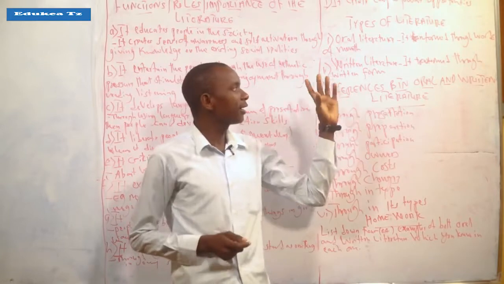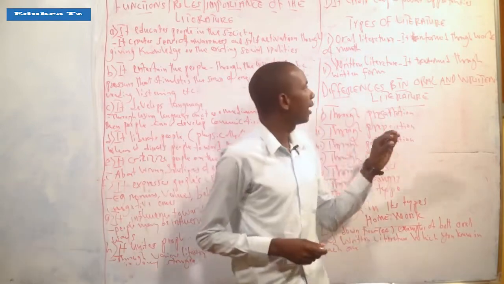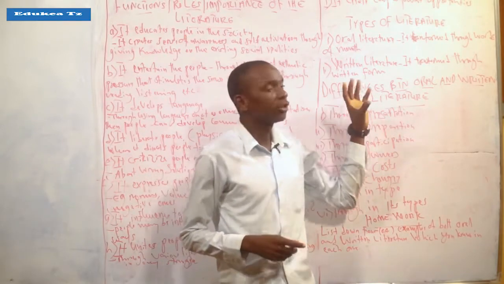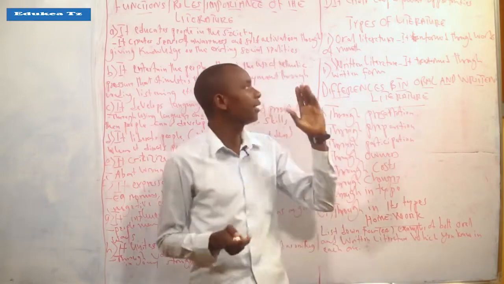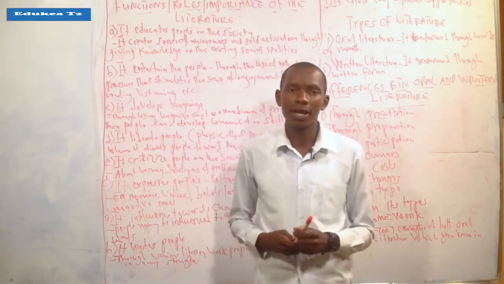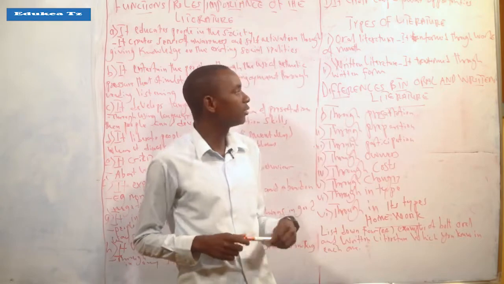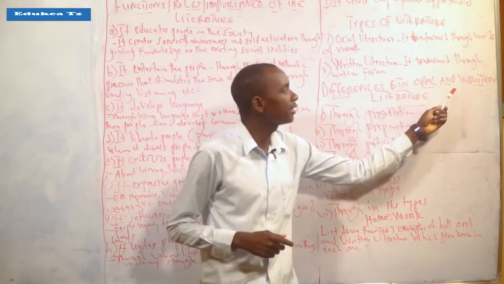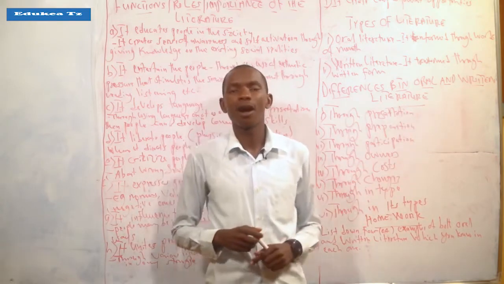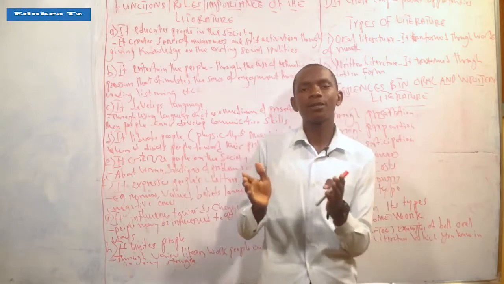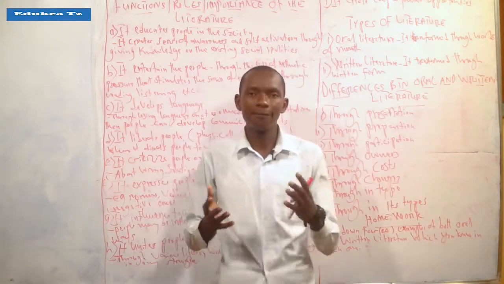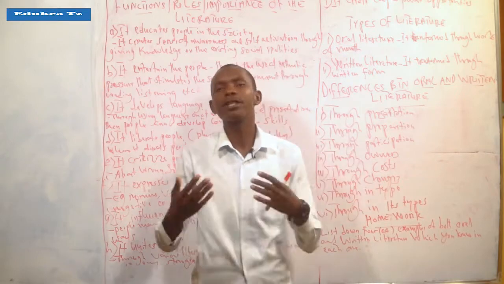So therefore, after short explanations about these two types of literature, let us now go directly to the differences between oral literature and written literature. How do these two types of literature differ from each other?